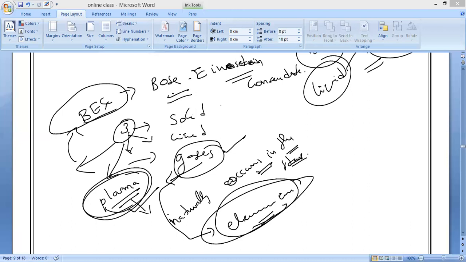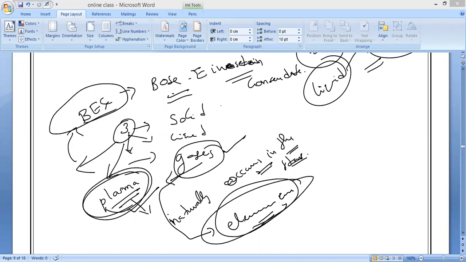It was finally achieved by three scientists. Bose did the calculations, Einstein predicted it, but it was made by three scientists: Cornell, Ketterle, and Wieman of the USA. These three scientists cooled a gas of extremely low density to super low temperatures, and that is how they proved Bose-Einstein condensation.